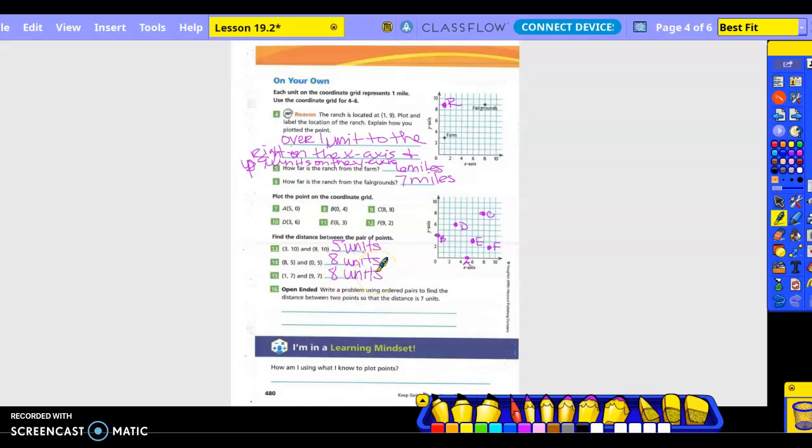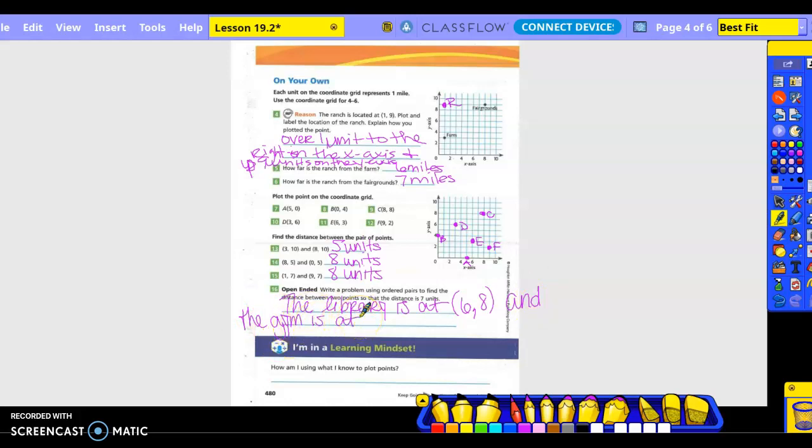Okay, number 16, write a problem using ordered pairs to find the distance between 2 points so that the distance is 7 units. So we could say what? 6, 8. Hold on. At 6, 8, and the gem is at what?